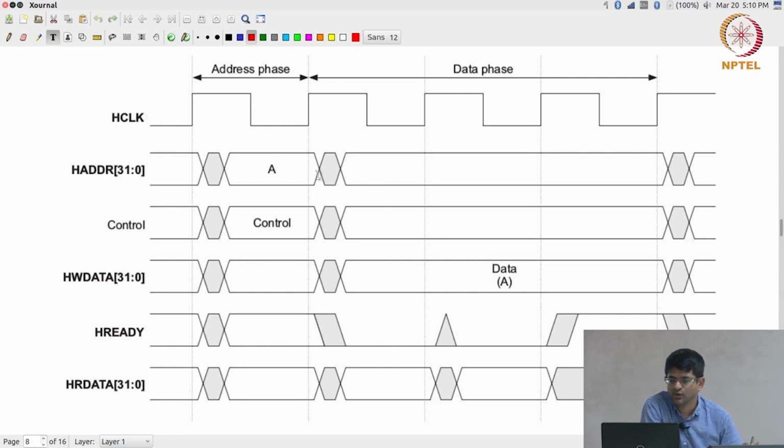It basically makes the ready signal 0. What does the master have to do? It does not have to retain the address and control signals, it can change them. But on the other hand, whatever it changes to, it now has to wait. In other words, if it was trying to write data, it has to make sure that the data signal remains high until the slave says okay, ready, and I accepted that data. So, nothing else can happen during this time.